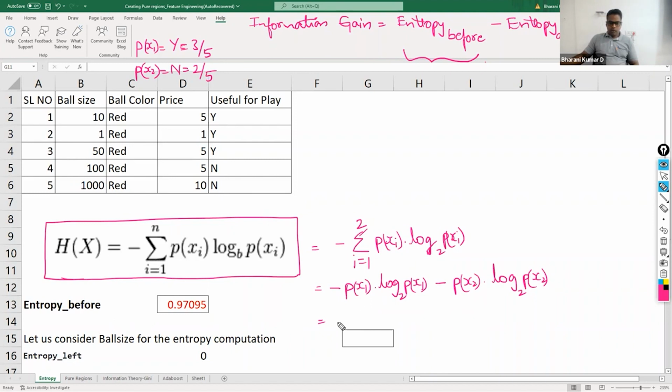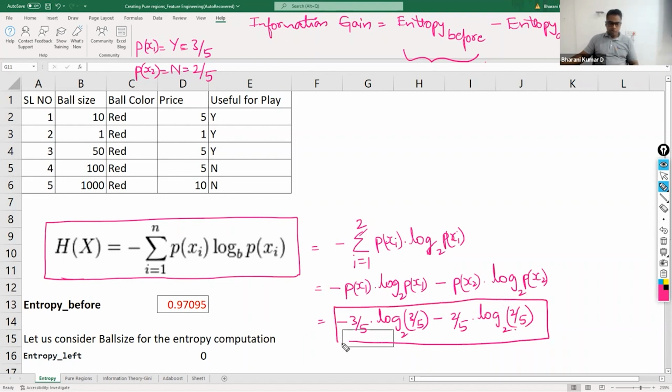Now you write down minus 3 by 5 into log of 3 by 5 base 2 minus 2 by 5 into log of 2 by 5 base 2. You have to be very fast at doing such calculations. Do you know what you'll get if you calculate this? 0.97095.